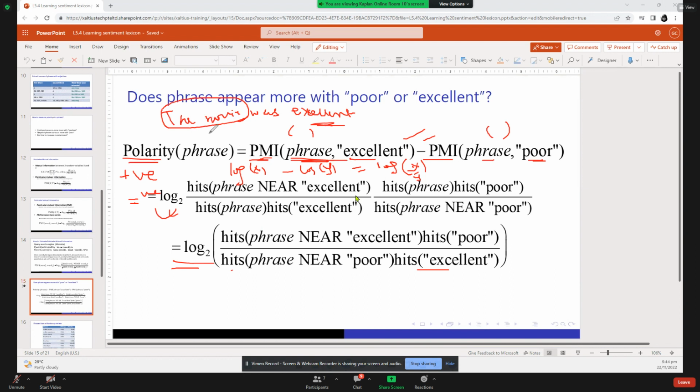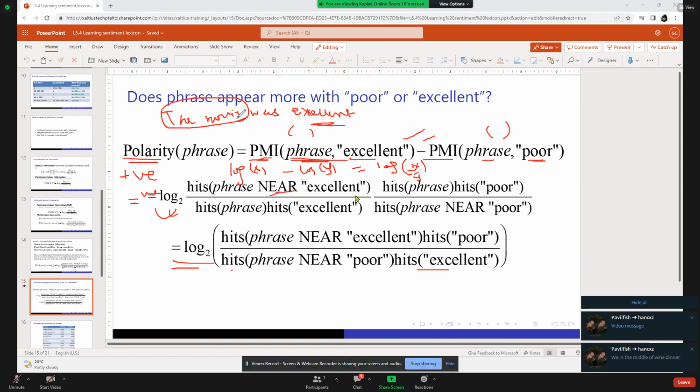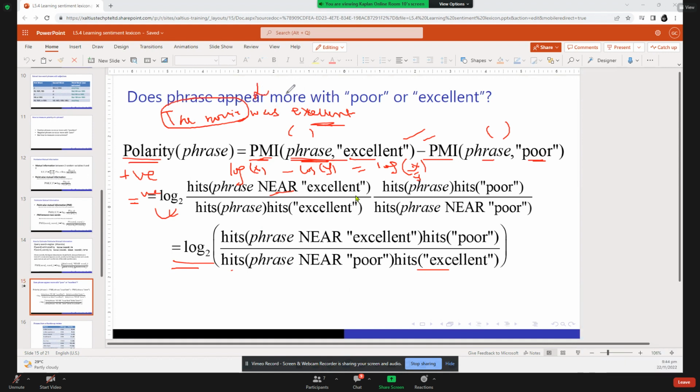So you are trying to find out how many times the movie is appearing near to the term excellent. When you are saying near, you can define whether this near means two words near, three words near, four words near, or what.